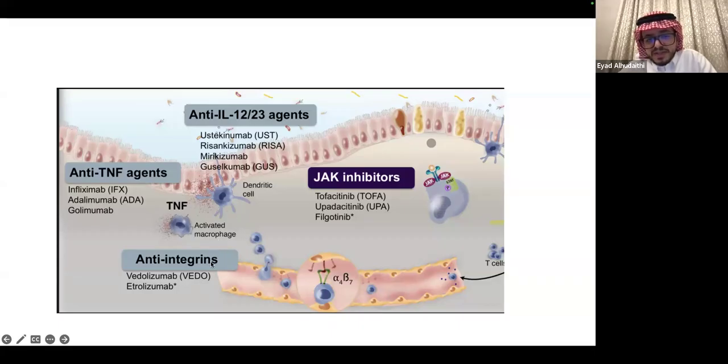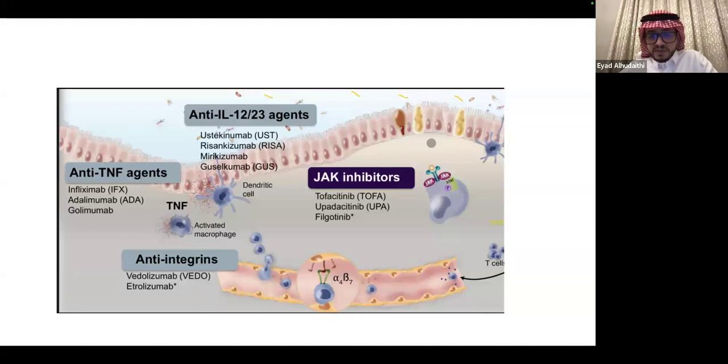The anti-integrin is the one considered most safe because it's gut specific, like vedolizumab, and a lot of data have supported using it in pediatrics, especially pediatric UC.